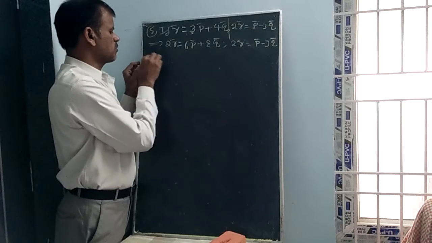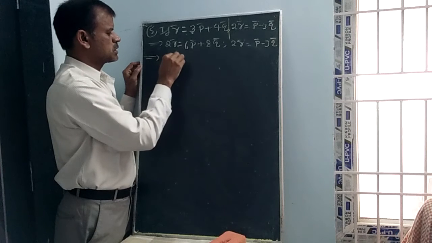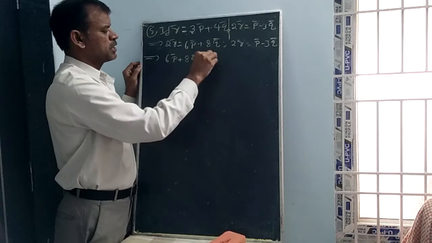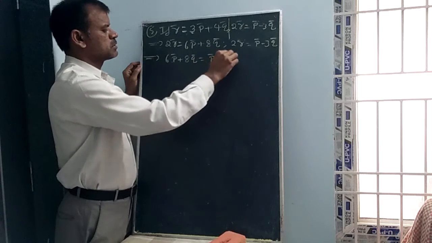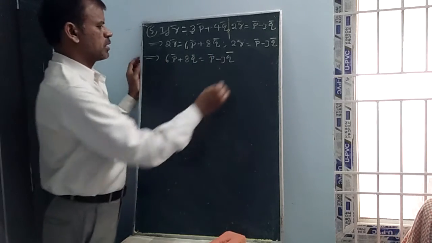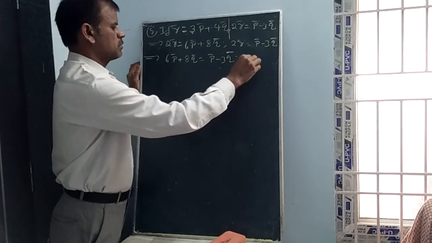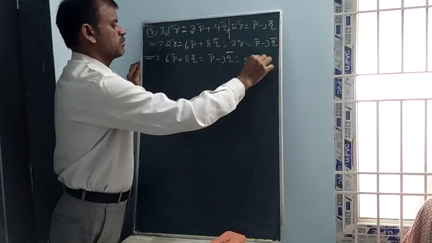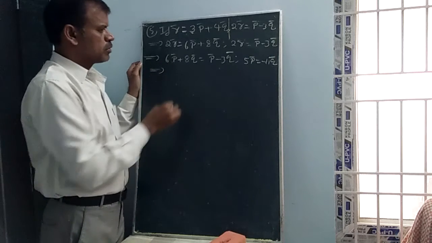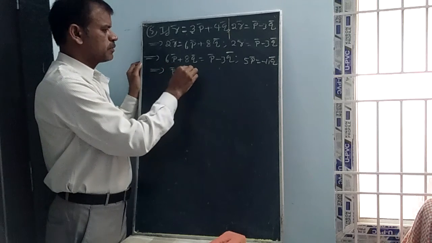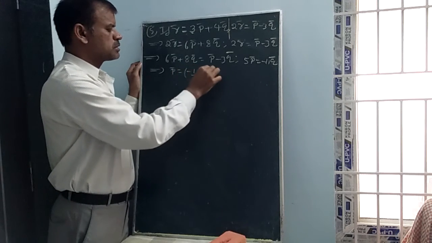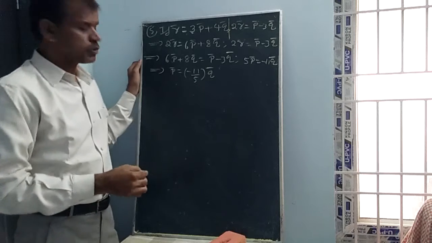So compare: 6p plus 8q is equal to p minus 3q. Taking p this side and q this side, it becomes 5p is equal to minus 11q. So p bar is equal to minus 11 by 5 into q bar.